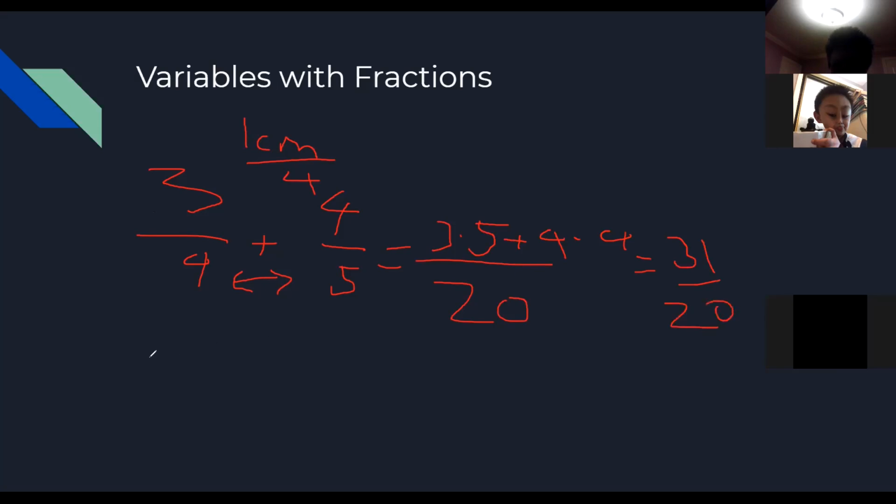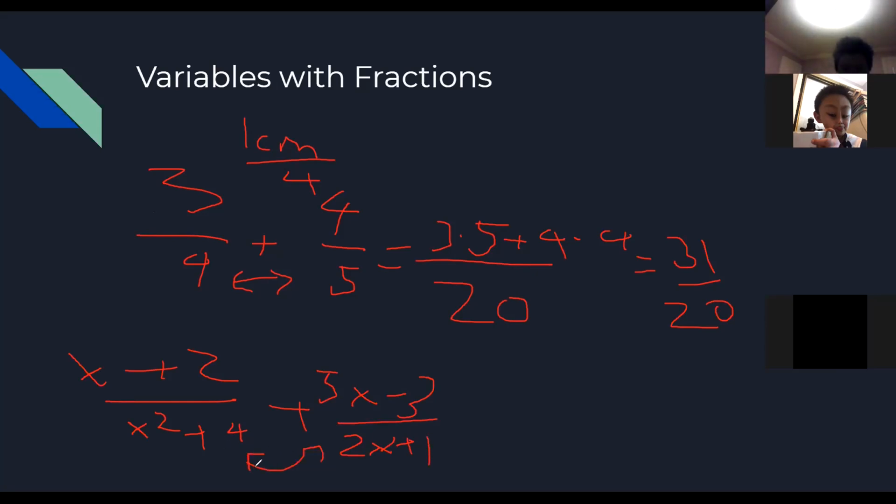31/20. Similarly, if we had x plus 2 over x squared plus 4, plus 5x minus 3 over 2x plus 1, we would need to find the lowest common multiple between these two, which in this case is its product.